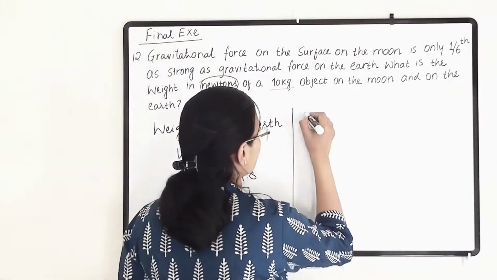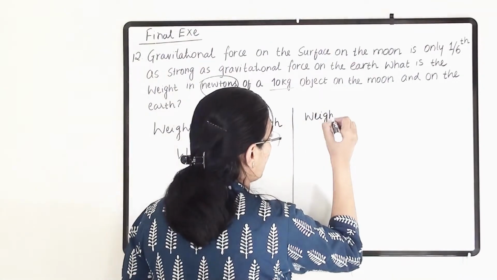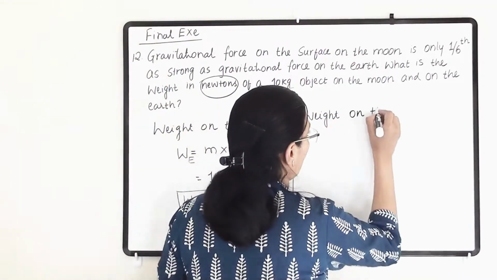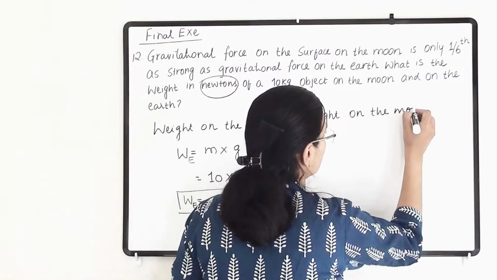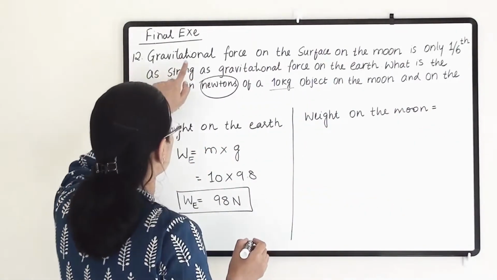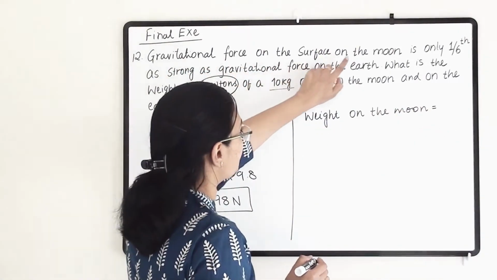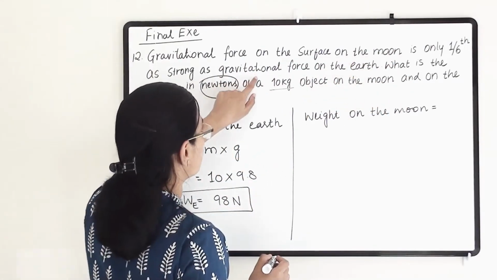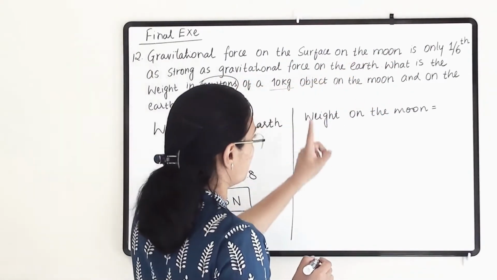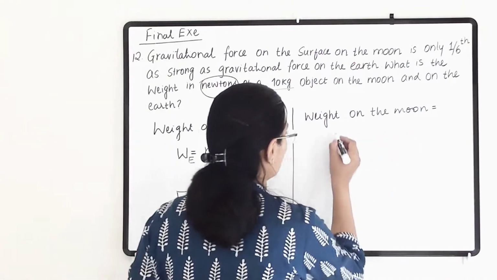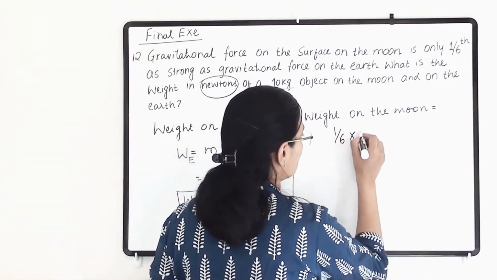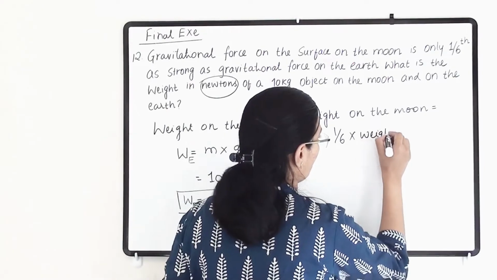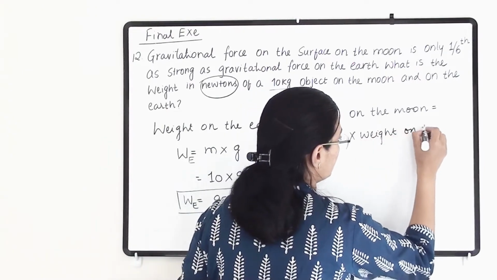We know that weight on the moon equals, here they have also written that the gravitational force on the surface of the moon is only 1/6 as strong as the gravitational force on the earth. So weight on the moon equals 1/6 into weight on the earth.